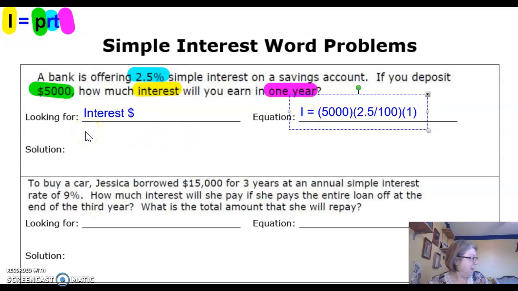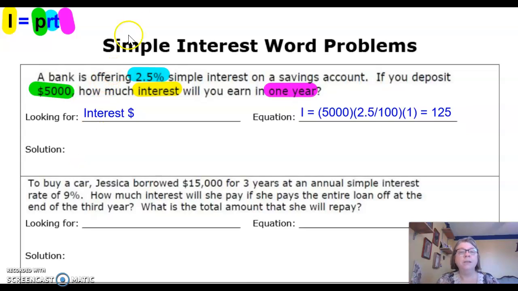So I'm going to go ahead and get my calculator, and I'm going to run these numbers through my calculator. And when I do that, my solution is 125. So I'm going to put it in a sentence down here.